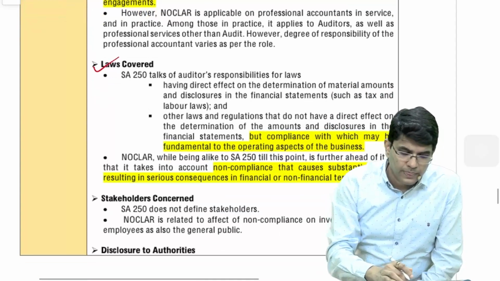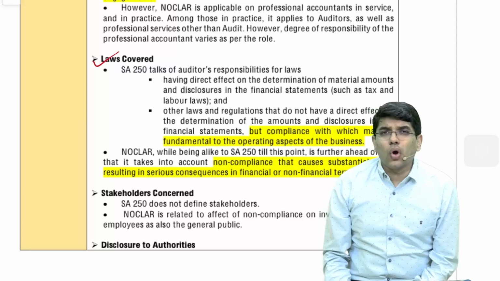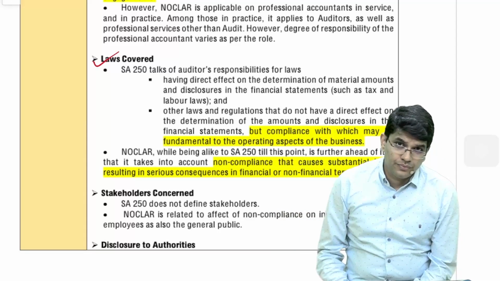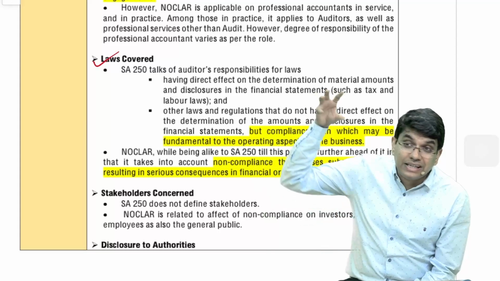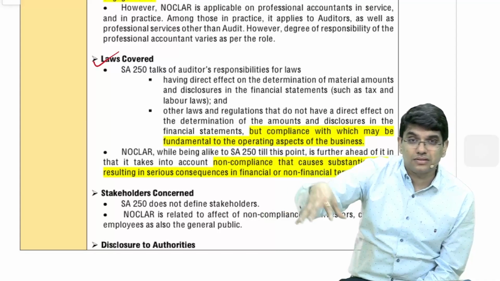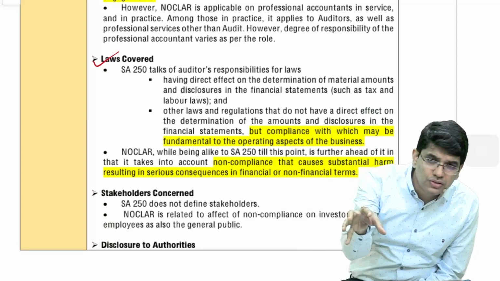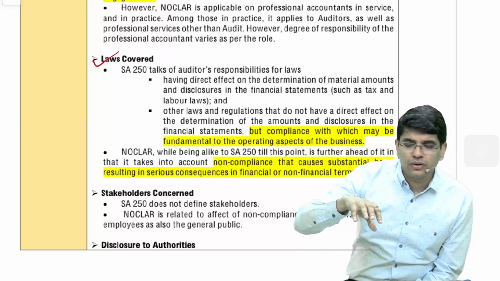Laws covered. SA 250 focuses on the laws which are having a big impact on operations of the company and on the laws which are having direct impact on financial statements. So it is more focused on financial statements.